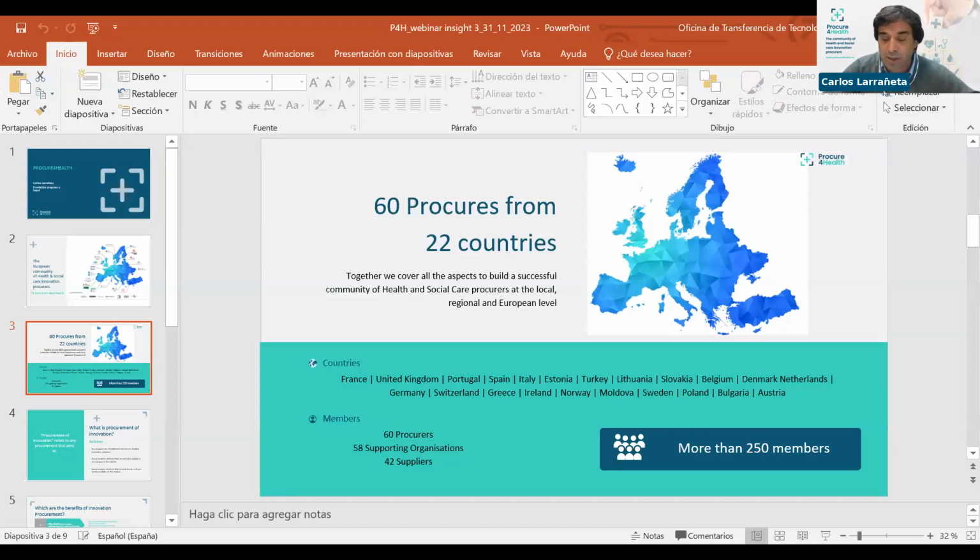We have within our community national ministries of health, like Turkey's Ministry of Health, regional ministries of health, like ourselves in Andalusia, individual hospitals, like in Belgium or Poland, or even central purchasing bodies, like the ones in France, Norway, or Italy. This is both an opportunity, since we gather all the feedback and opinions from the different setups that we have in Europe. It's also a challenge in order to balance all the different interests we have within our communities.